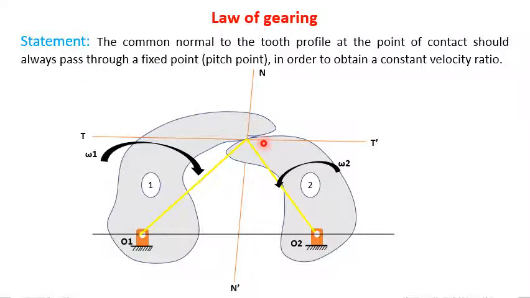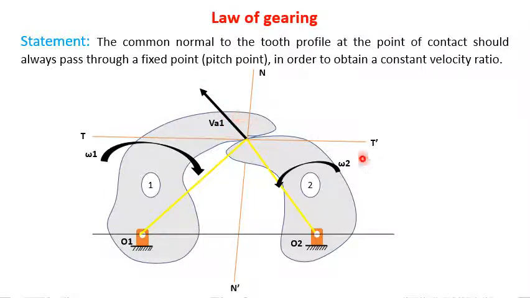Since these curved bodies are rotating, their linear velocities are perpendicular to these lines. So perpendicular to this, a linear velocity is acting, that is VA1, and this linear velocity is perpendicular to this line.